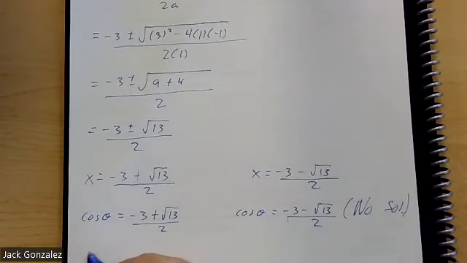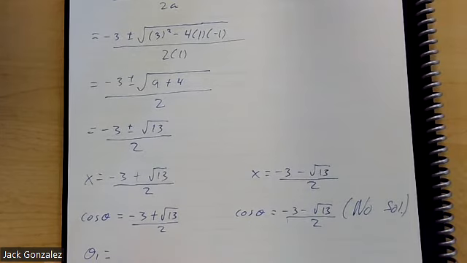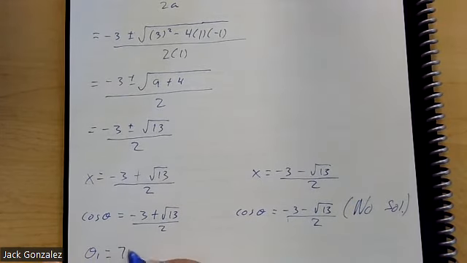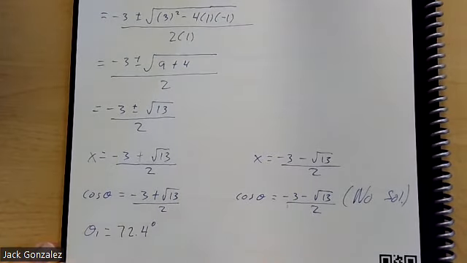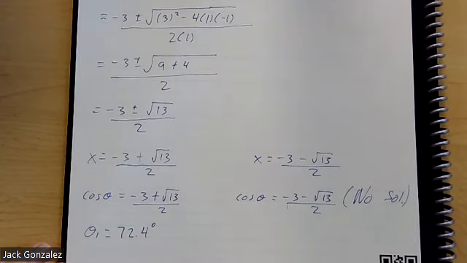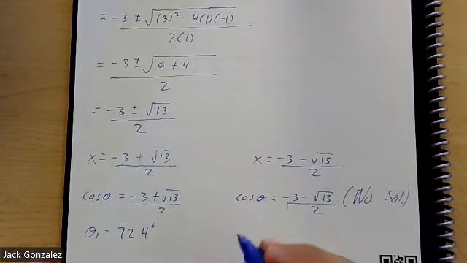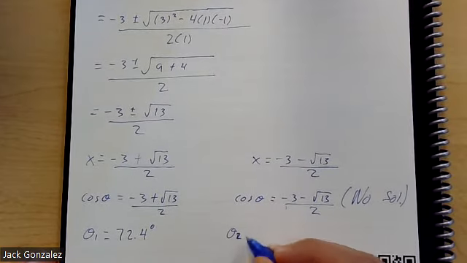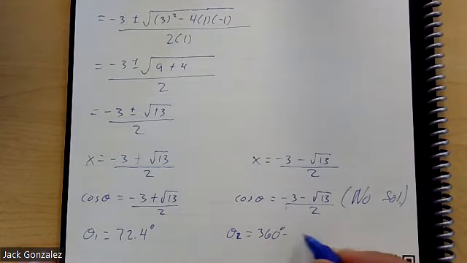So I'm going to use only this one. And when we solved it, we found θ1 to be 72.4 degrees, which is in which quadrant? Yeah, it's going to be 1. So that means θ2 will be here, right?